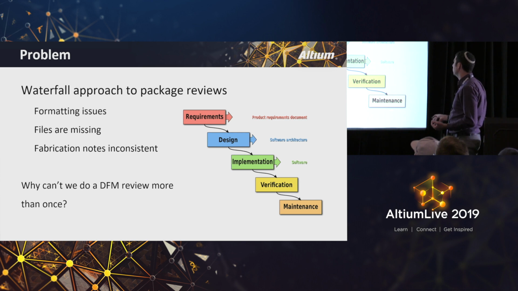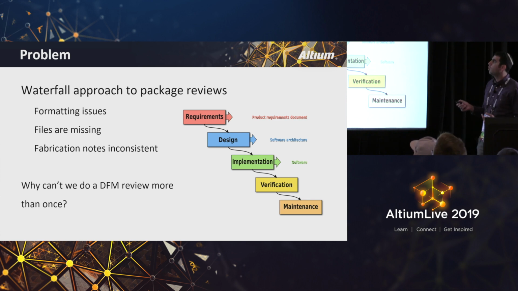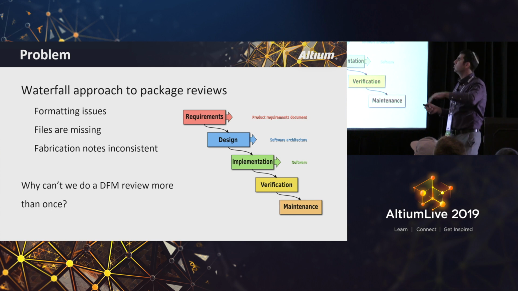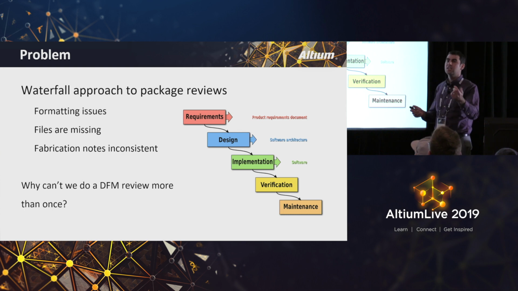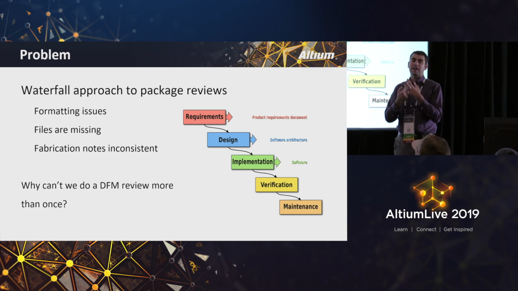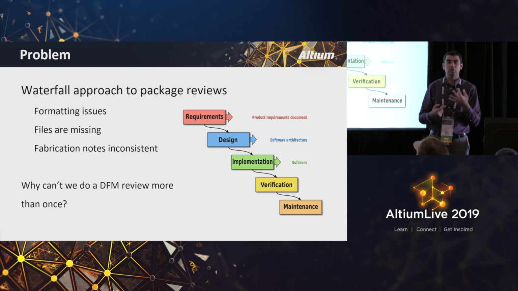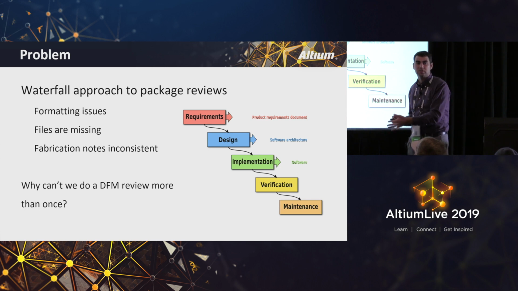If anybody's familiar with the waterfall method, it's basically doing your requirements, then design implementation, then verification, and then maintenance. So if you think about it in terms of design for your PCB, you're doing all your verification, checking that your parts are in stock, validating, doing your DFM, all those checks at the very end of your design.